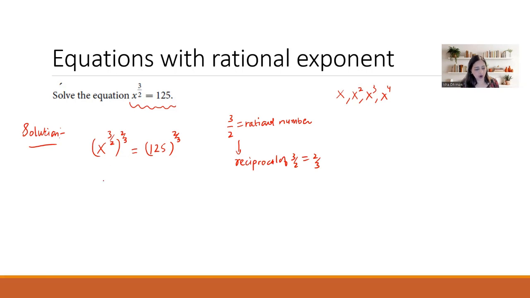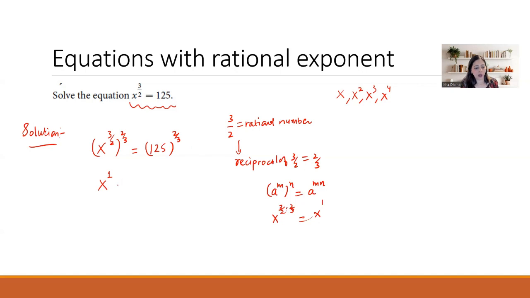Now you will see on the left-hand side, I'm only left with x raised to power 1. Because if you remember the rules of exponents, we know that a raised to power m, raised to power n, is equivalent to a raised to power m times n. So if I have x raised to power 3 over 2 and then 2 over 3, they get multiplied and I get x raised to power 1, because any number multiplied by its reciprocal results in 1.